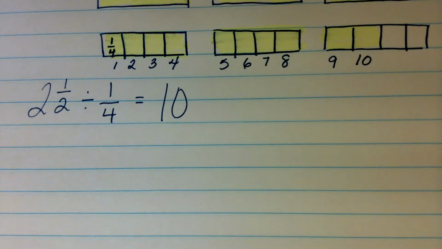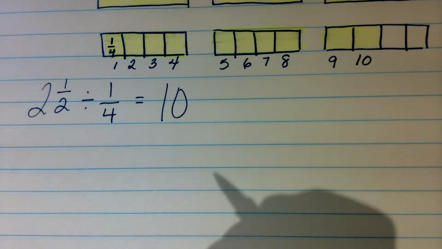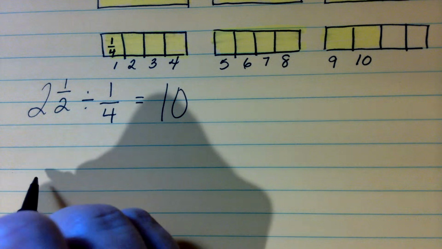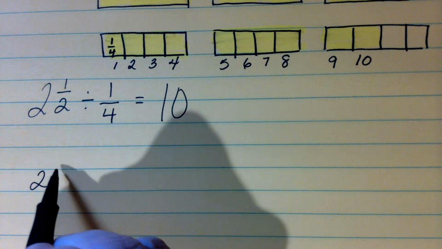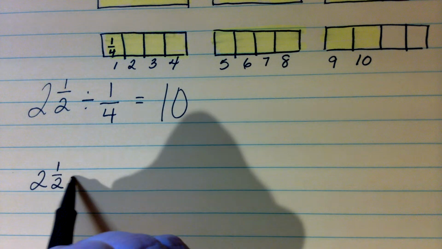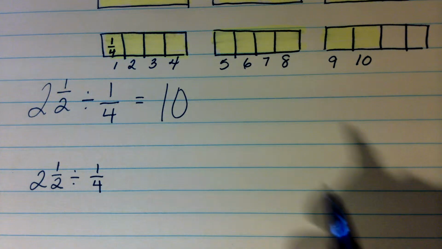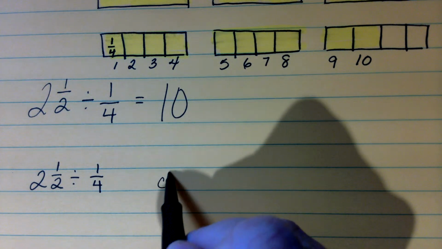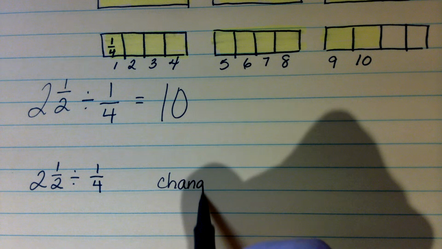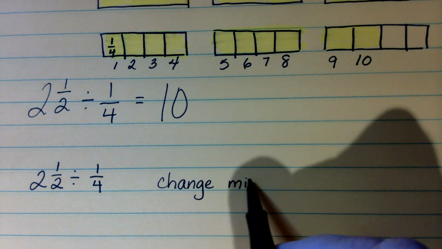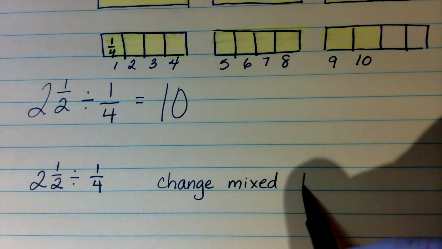This time there's just an additional step. So for instance, with 2 1/2 divided by 1/4, our first step is going to be to change our mixed number to an improper fraction.